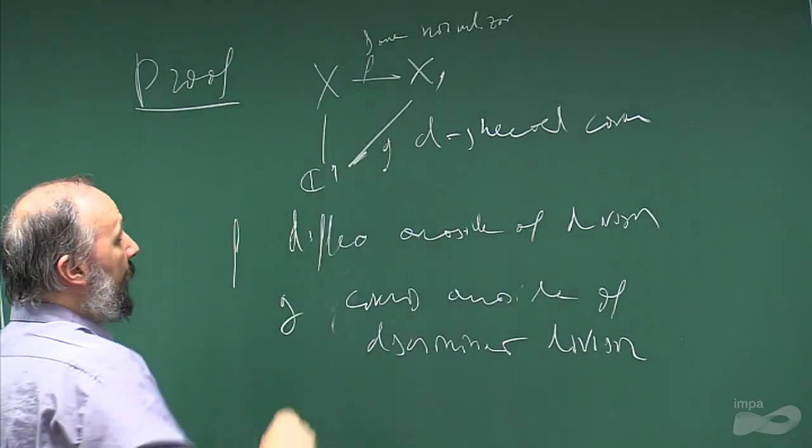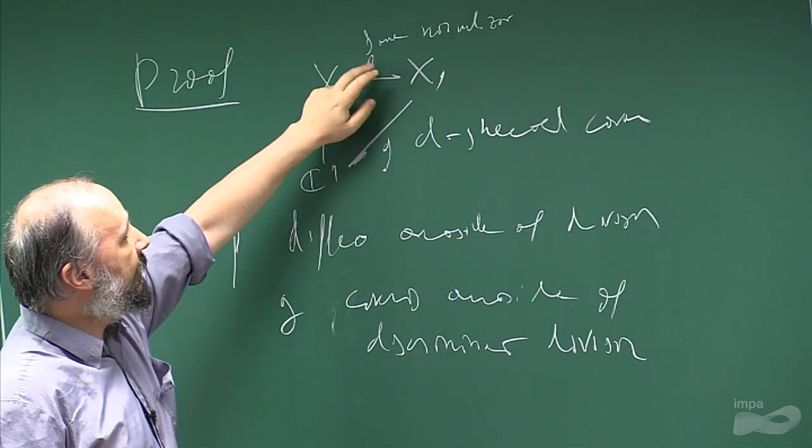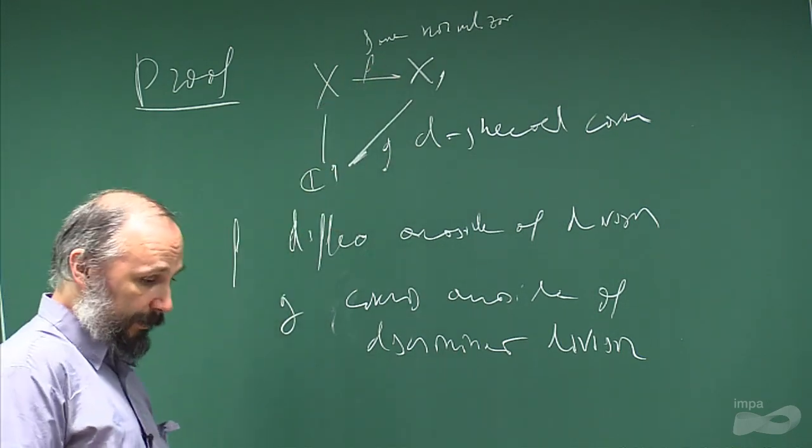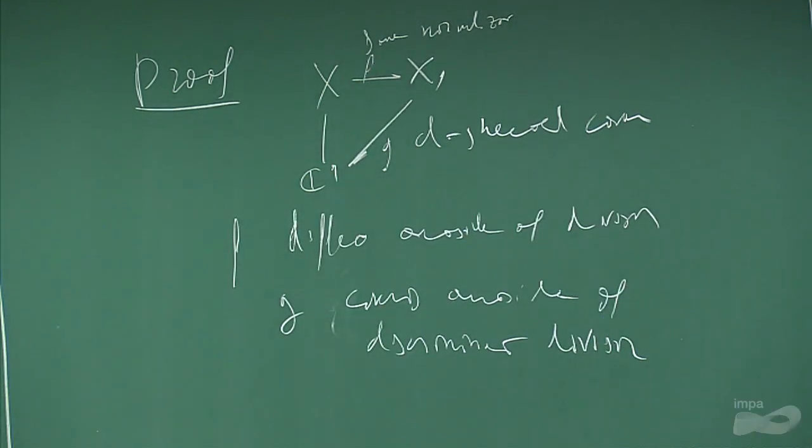So here you have an open embedding if you remove this exceptional set for F, and here you have a covering. Questions? There's nothing to prove.